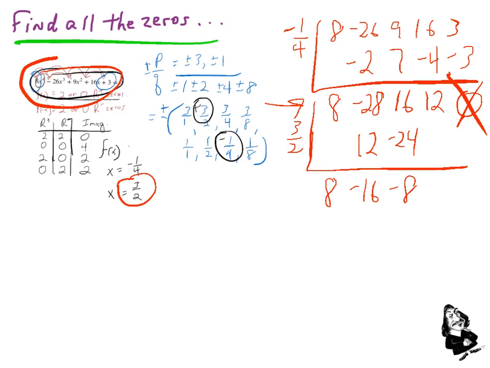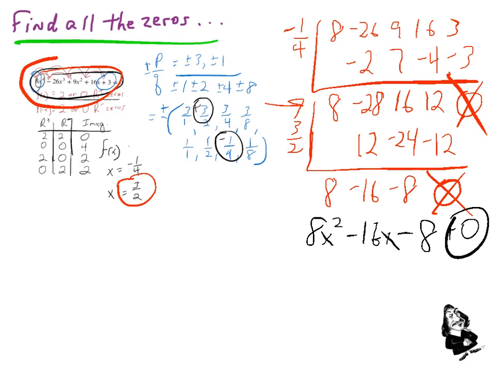Negative 8 times 3/2 is negative 24 over 2, which is negative 12, and 12 minus 12 is 0. We have another remainder of 0. We're also left with this polynomial: 8x squared minus 16x minus 8. Don't forget this was our remainder.